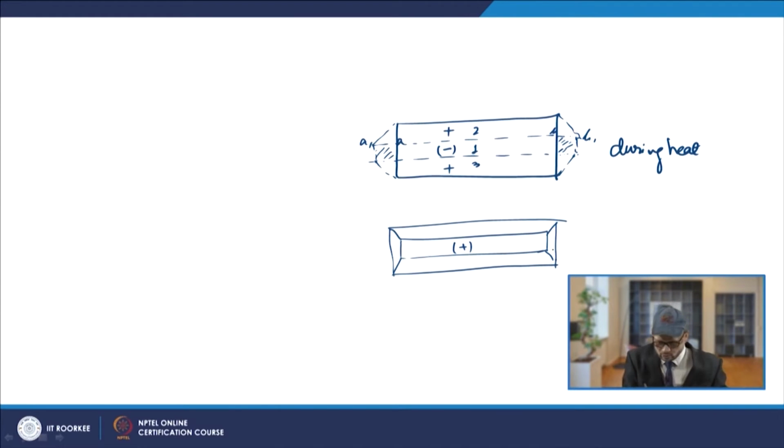Zone 2 and zone 3 will be under the negative stress, that is your compressive stress. So what you see is that the sign of the stress generated inside, which is either pulling or pushing, is changing in both these cases.